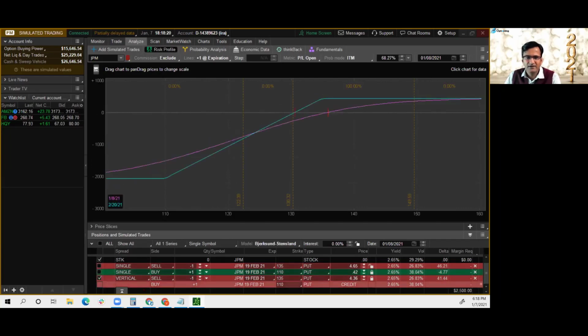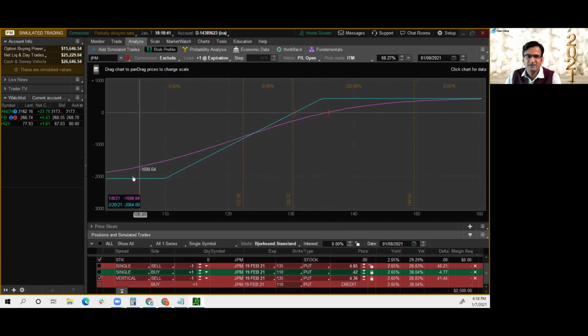Instead, if I did a spread, I have to give up some amount of my maximum profit. Now I can make only $436. But look at the cost. Only $2,500 is now blocked for this, because that is my maximum risk in this.